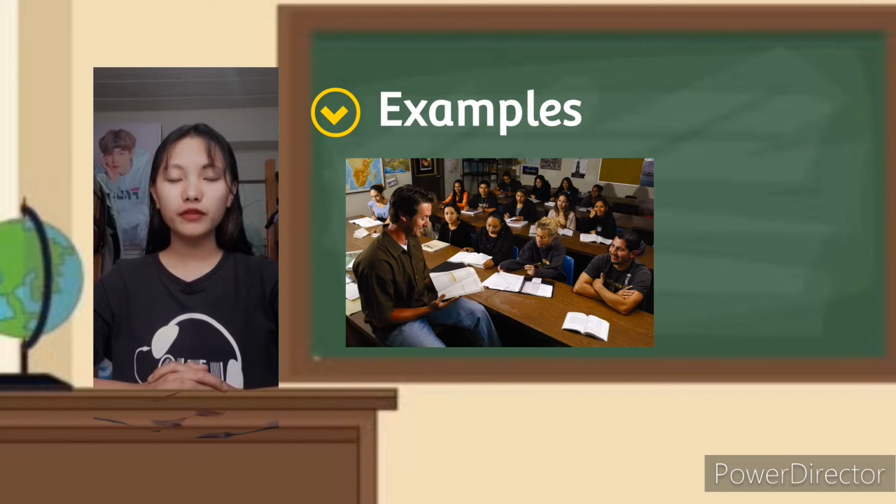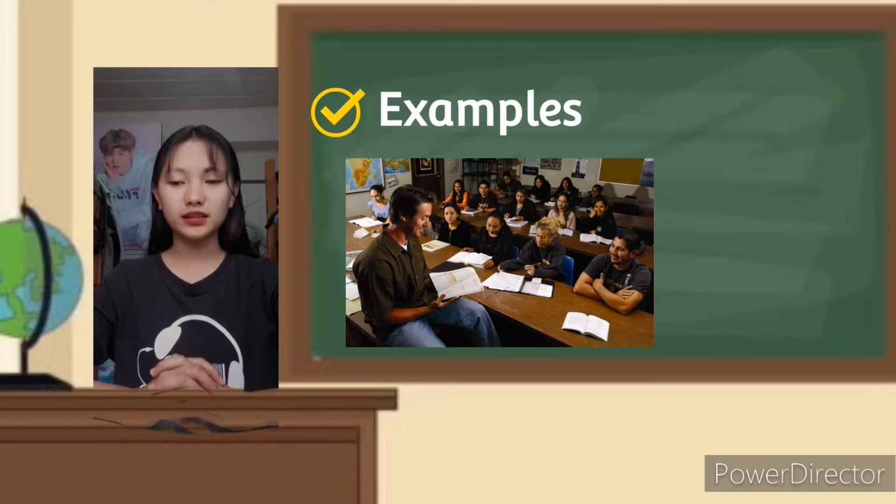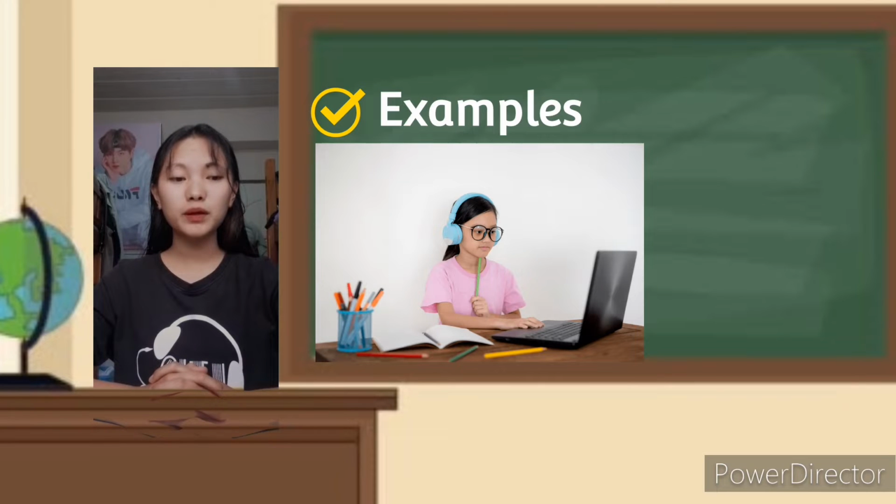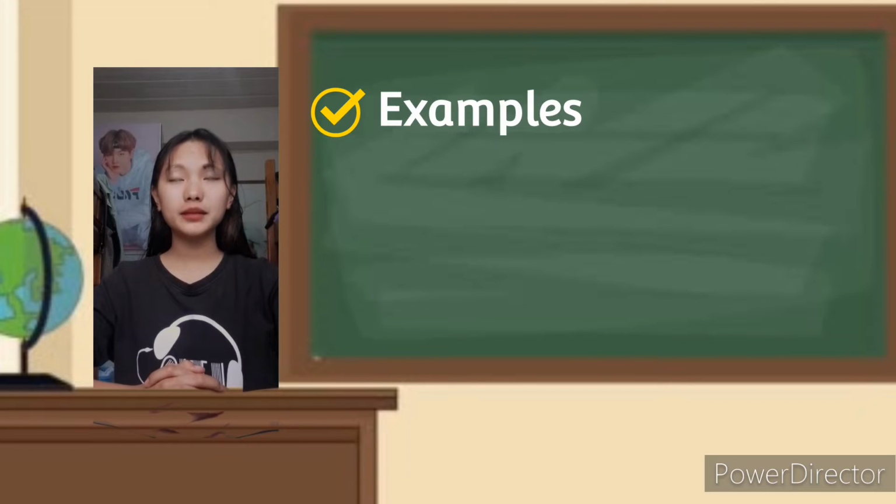One example of this blended learning is a student might attend classes in a real-world classroom setting and then supplement the lesson plan by completing online multimedia coursework. Another example is like what we're doing in our other subjects.